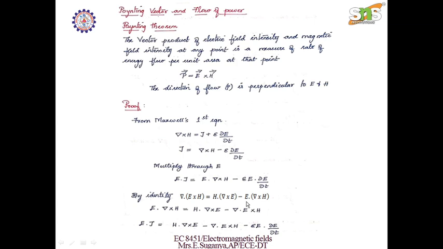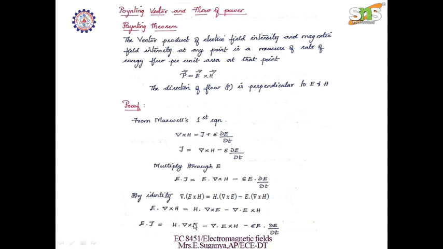According to this identity, in my equation I have E dot curl of H. So I am rearranging this identity and substituting in the place of E dot curl of H. After substitution, the equation becomes E dot J is equal to H dot curl of E minus divergence of E cross H minus epsilon E dou E by dou T.